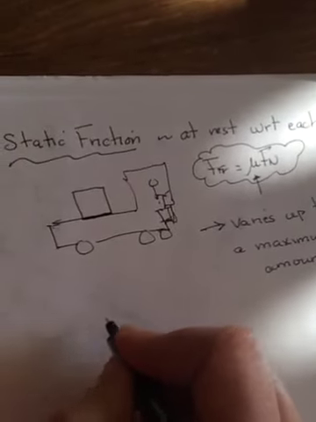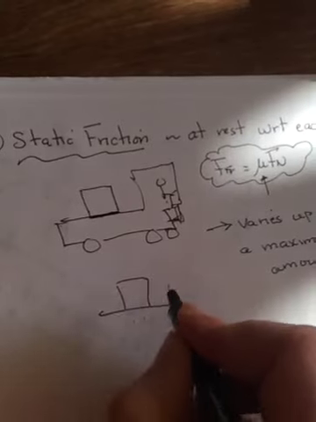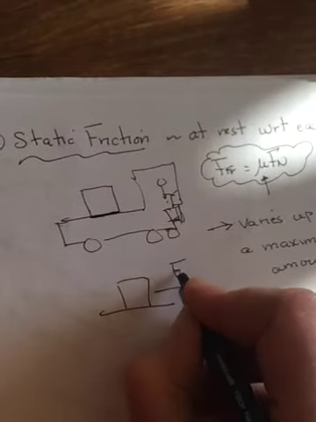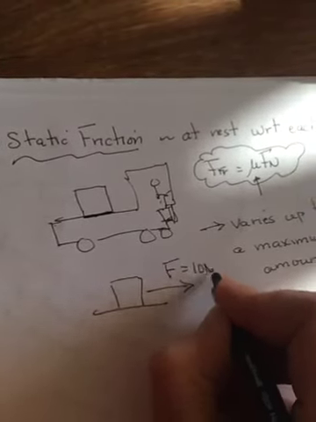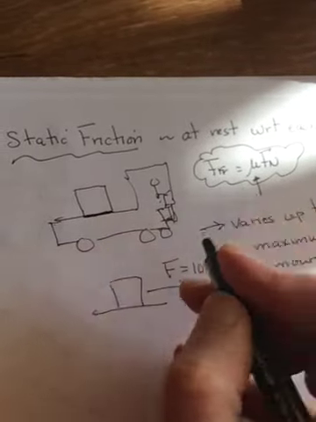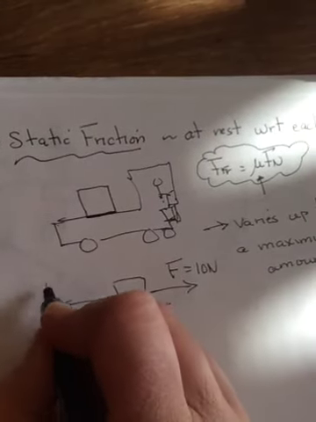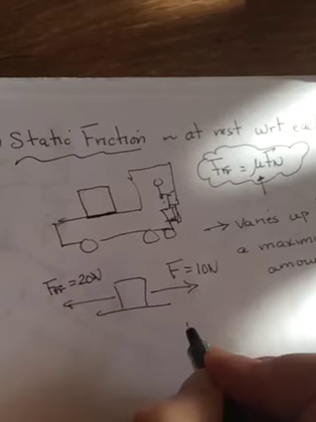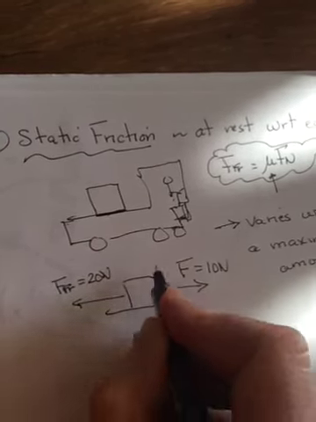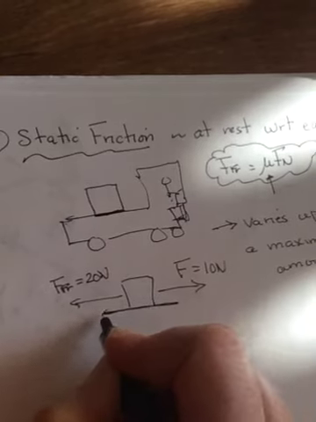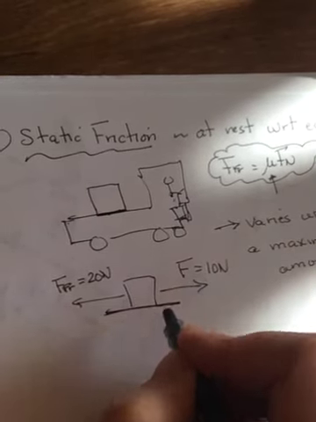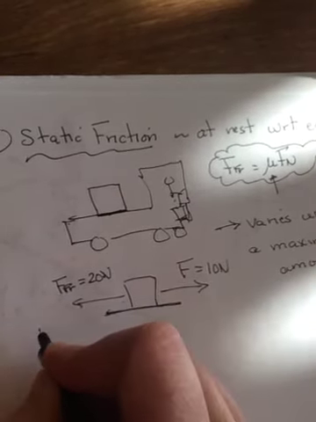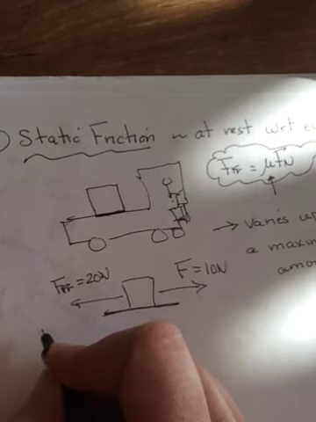Now, what I mean by that is imagine that I have a box here and I'm pushing with a force of 10 newtons. And you do FFR equals mu Fn, and you solve that the static friction is 20 newtons. Well, there's no way that static friction is going to push on this box with 20 newtons if I'm pushing with 10, because if it does, it means the box is going to slide in the opposite direction I'm pushing.